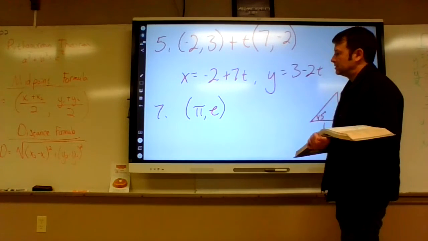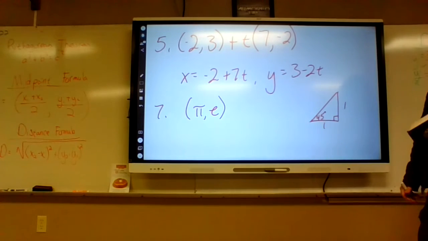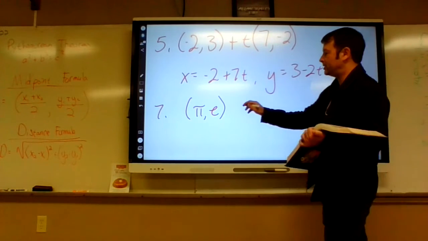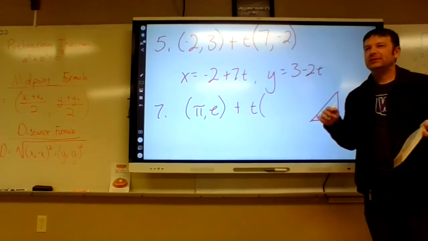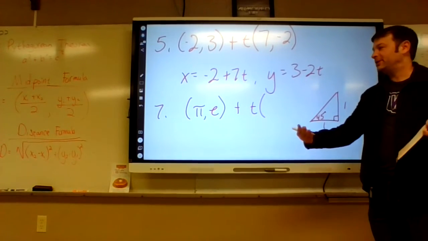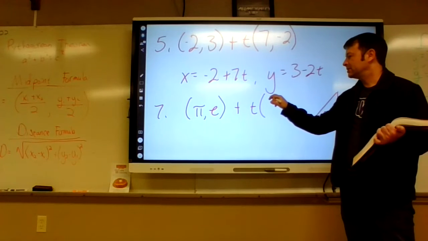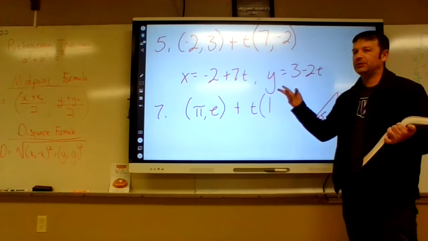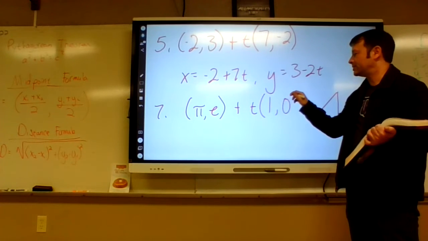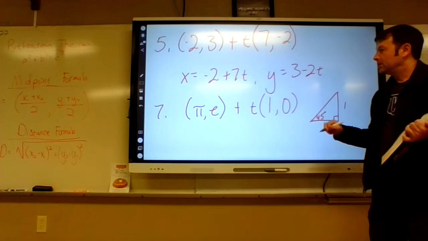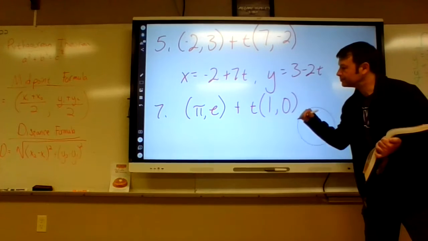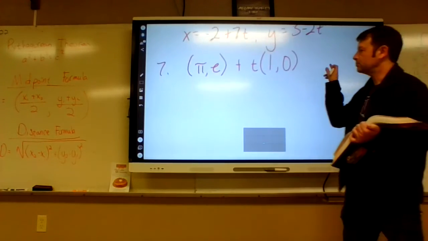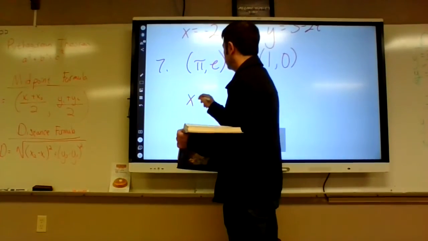Okay, that makes sense. On 7, we're supposed to move on a horizontal line. So how do I make it move horizontally? Well, you gotta add some value to the x. So I'm just gonna put some number in there. So x equals pi plus t, y equals e.